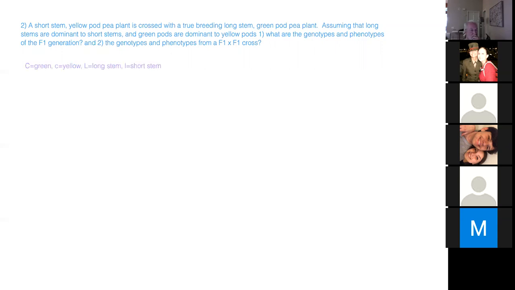So just be aware that you need to be clear with these. I'd use a cursive lowercase l, because it's very different from other letters. But these are great variables. So, all right, we need to set this up. We know that what combination is going to give us long stems?